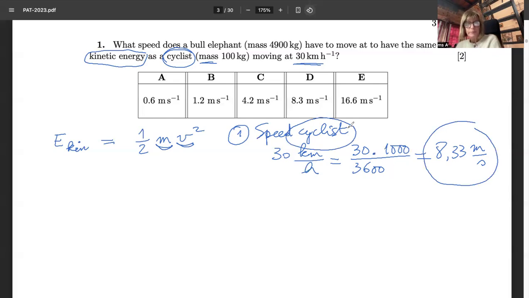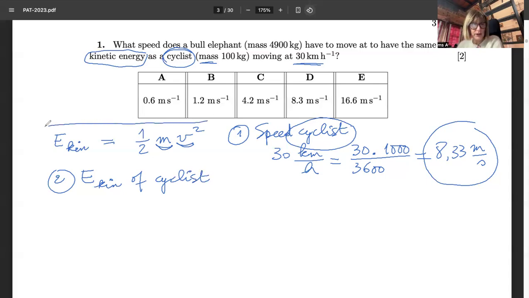So now, step two. Let me put it here because I don't have much space. Step two is I want to calculate the kinetic energy of the cyclist, because I have all the elements of the formula. So remember, this is the formula. I put it in a frame and write it in some kind of notebook where you put all your formulas.